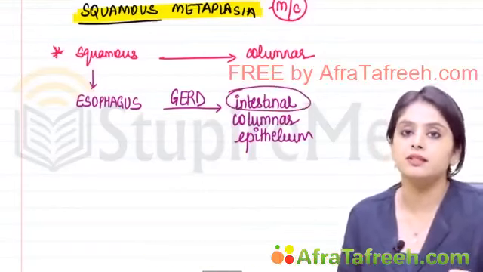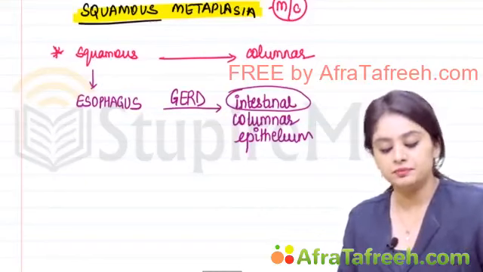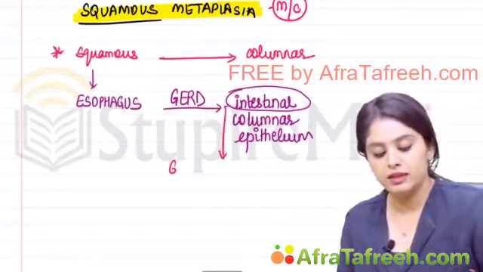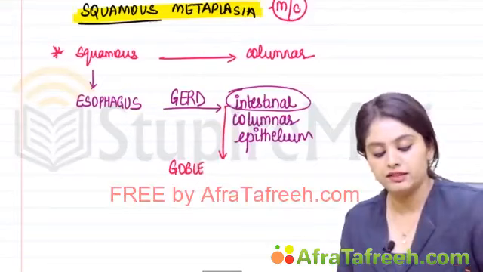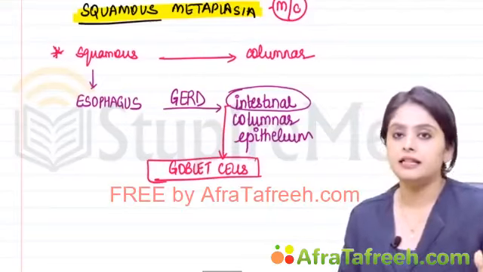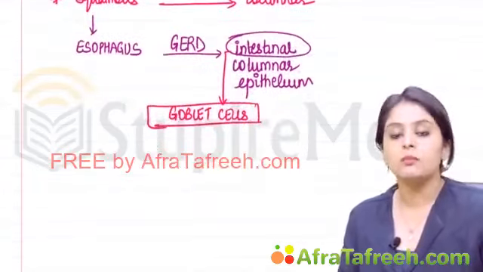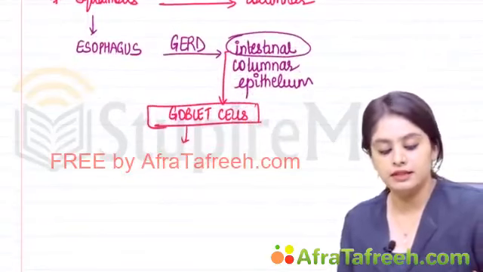Intestinal columnar epithelium. How will you identify intestinal columnar epithelium? Because it will have the presence of something known as goblet cells. We identify intestinal columnar epithelium by the presence of goblet cells. Goblet cells contain what? They contain mucin.